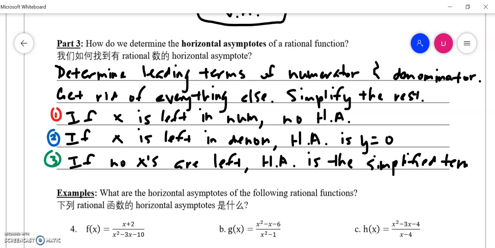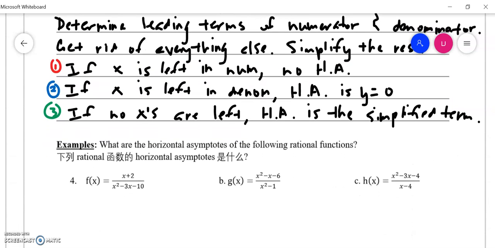So let's take a look and see what this all means. Let's look at our three examples again. So first, determine the leading terms of the numerator and denominator. Now the leading terms, if you don't remember, are the x terms with the greatest exponent. So in A, we have this and this. We get rid of everything else. We just take these two terms. So x over x squared.